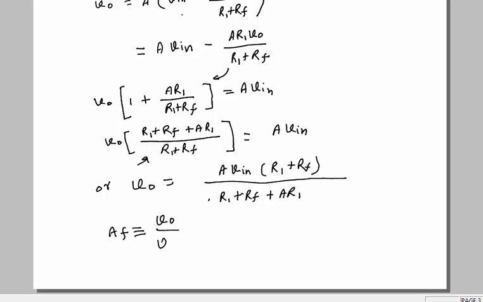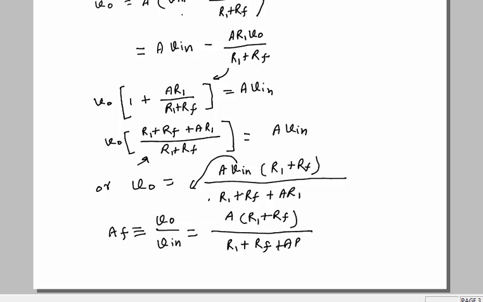Now by definition, AF, which is the gain with feedback, is defined as V naught by V in. So if I take this V in to this side, the remaining is AF equals A (R1 plus RF) divided by (R1 plus RF plus A R1). Let's call it equation number 3, and this is a very important result.